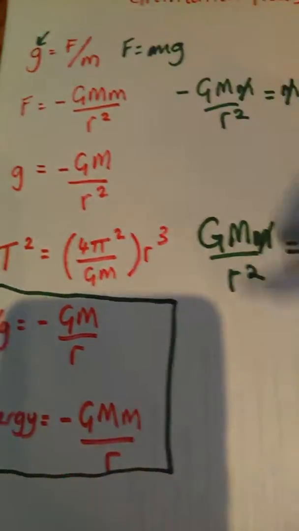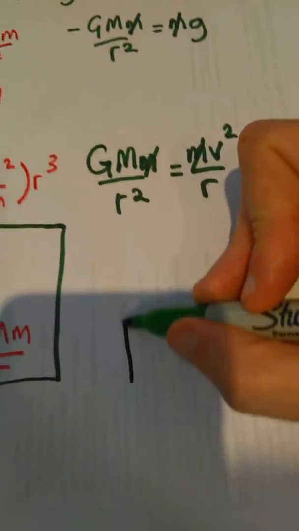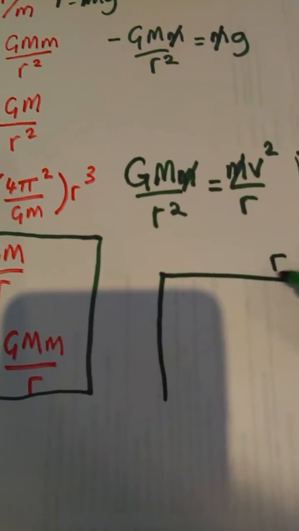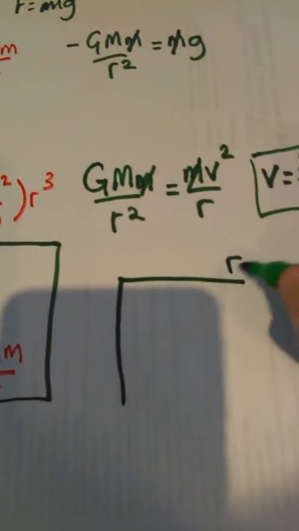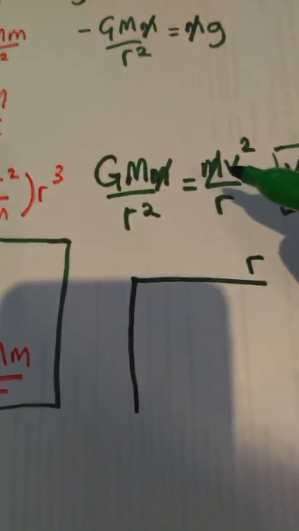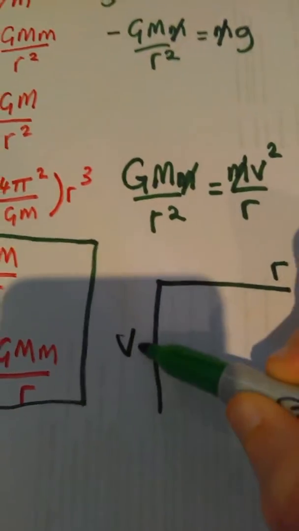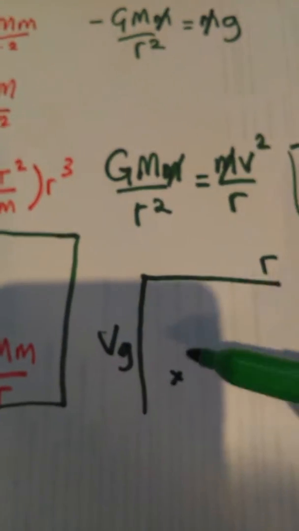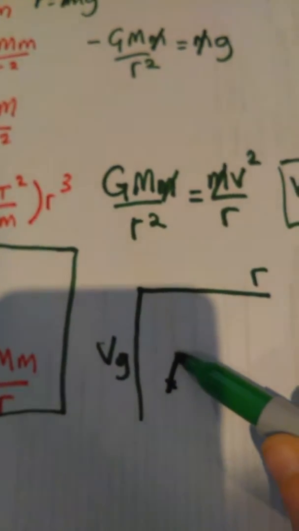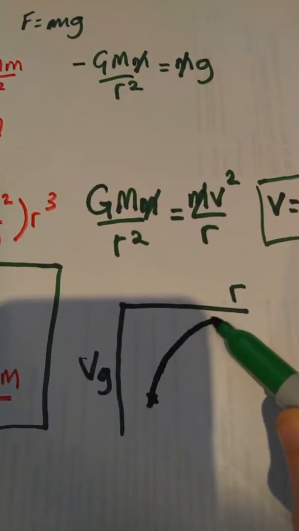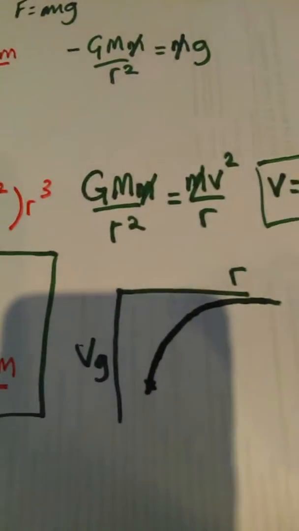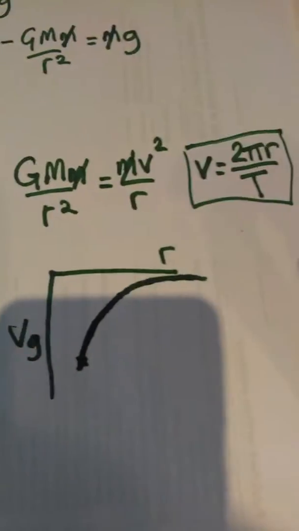If you want to know how gravitational potential varies with distance away from the Earth, we'd start on the Earth's surface, and it would get less and less until at infinity it would get to zero. So you need to know that shape of the graph.